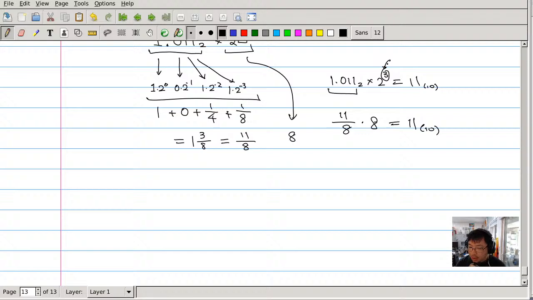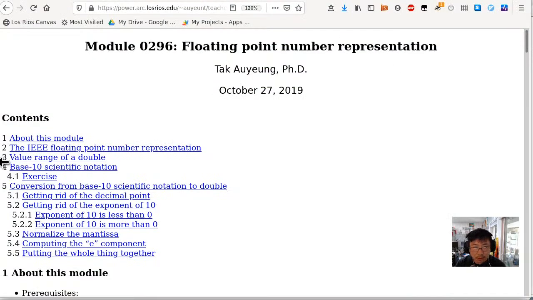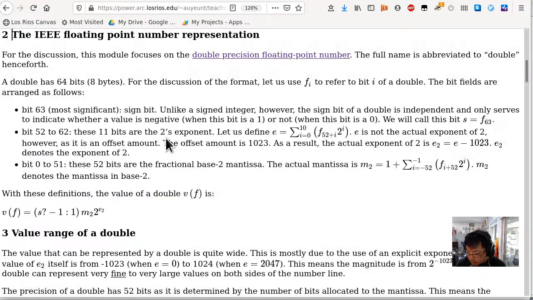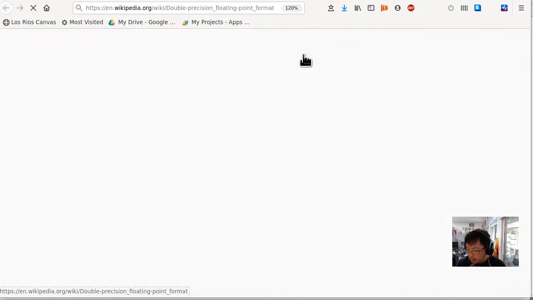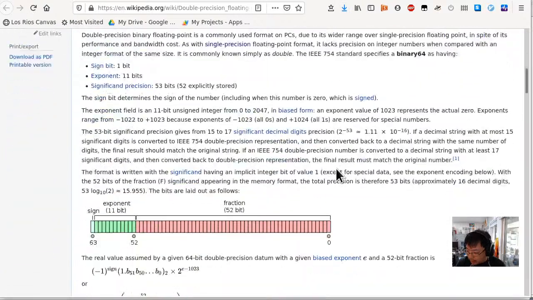So when you look up what a double precision floating point number is on the internet, the first page you would probably find is Wikipedia. So let's go back to the notes over here and look up the scientific notation. This link here will bring you to the Wikipedia page, which has a nice pictorial representation of how the bits are allocated.